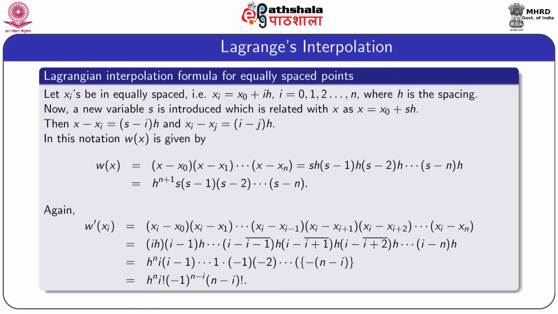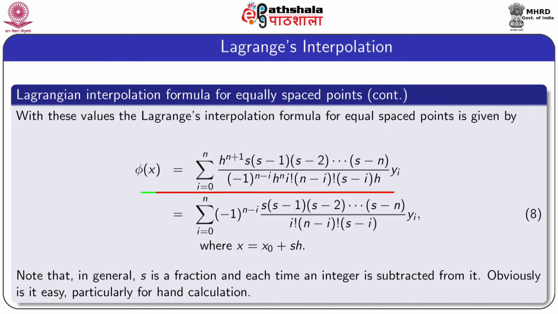So, using this notation the Lagrangian polynomial becomes phi(x) equal to the summation, i equal to 0 to n, of h to the power n plus 1 into s (s minus 1) up to (s minus n), divided by (minus 1) to the power (n minus i) h to the power n into factorial i into factorial (n minus i) into (s minus i) into h. Note that the number of h in numerator and denominator are the same, so the h cancel from numerator and denominator.